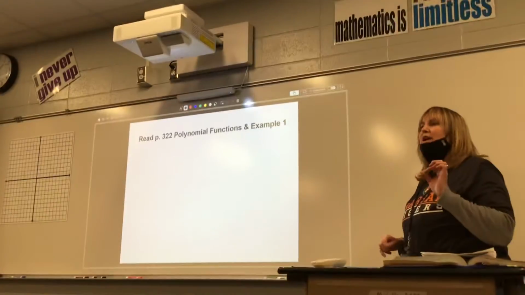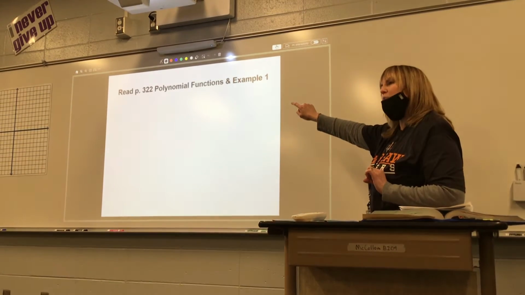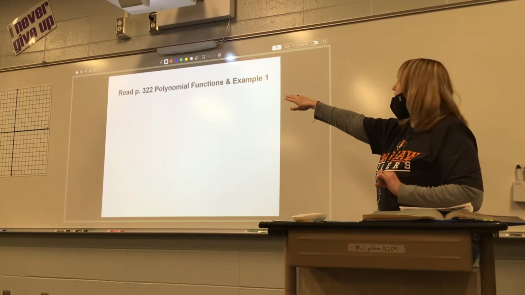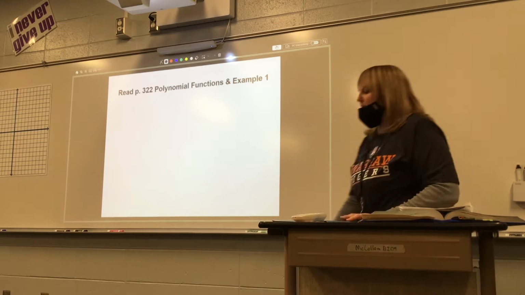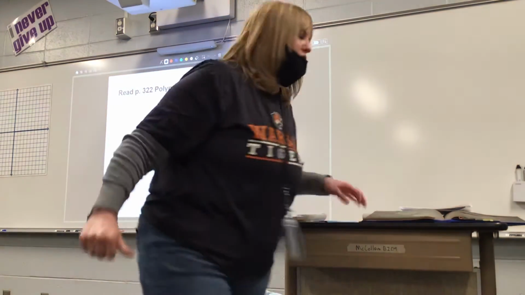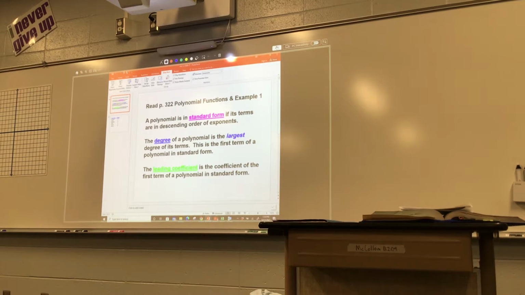All right, so we're going to start with you reading something on page 322 in your textbook. You're going to read about polynomial functions through example 1, and I will put that on the screen as well for you, and then we'll talk about it. So let me get it to the textbook as well.